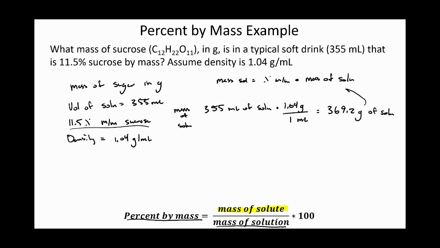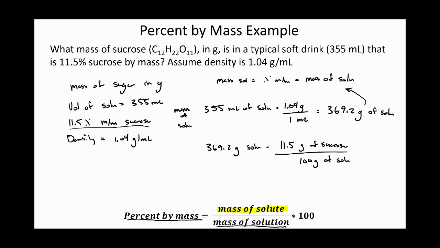I now have a mass of solution, and I also have my mass percent. So I'm going to take that 369.2 grams of solution and multiply it by my percent by mass, 11.5%, which we can also say is 11.5 grams of sucrose or sugar per 100 grams of solution.